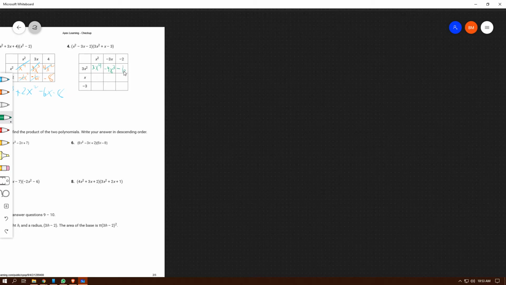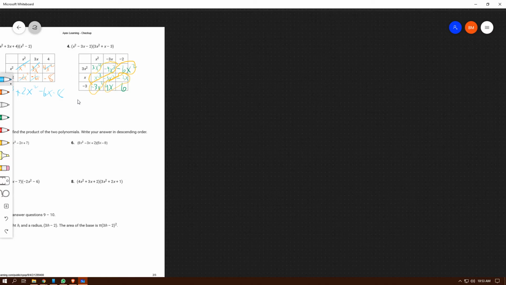Then negative 3x squared, negative 2x, negative 3x, and so on. Negative 3 times negative 3x, so positive 9x. And then positive 6. And then we will have the diagonals kind of matching up for us, like terms. It's probably cleaner on your own box. And obviously this one matches as well.